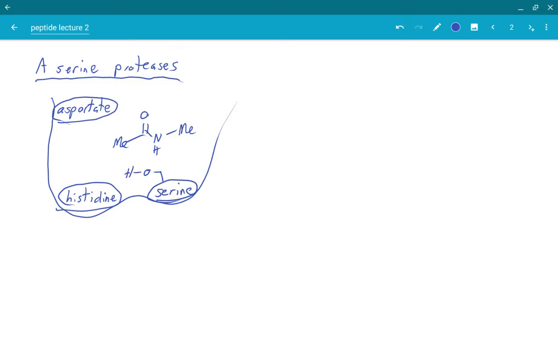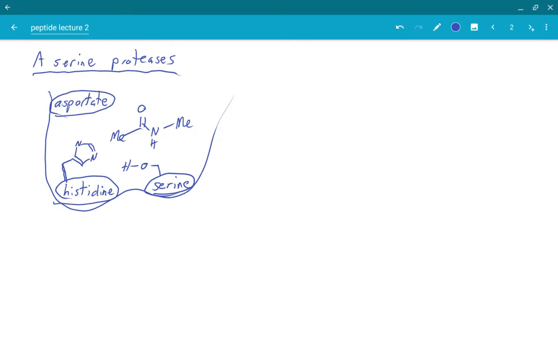I have a serine, I have a histidine, which has this heterocycle called an imidazole, which I will redraw with an NH bond. And then I also have an aspartic acid, which is a carboxylic acid, but at pH 7, it exists as a negative charge.